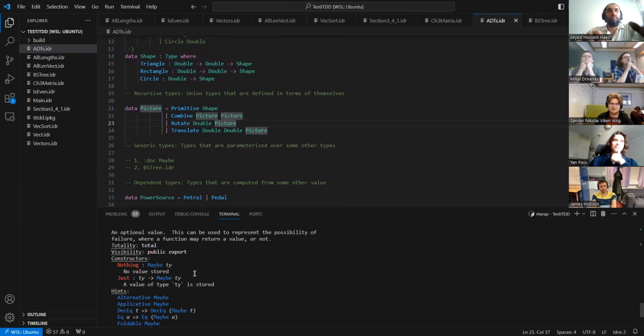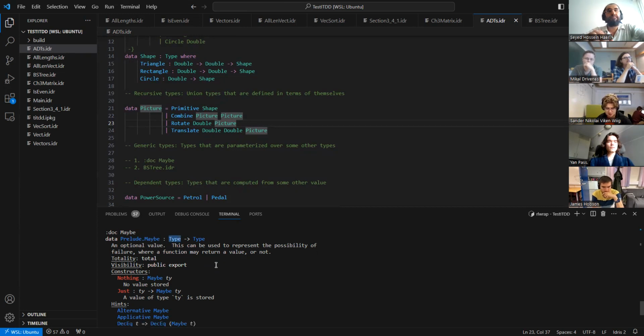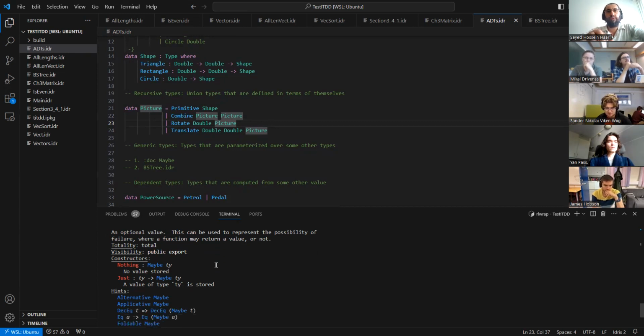Right. So what is there to notice is that Maybe is something. It's a higher kind of type, which means that it takes a type and returns a type. As you can see, there is a type parameter here, and it has two constructors.